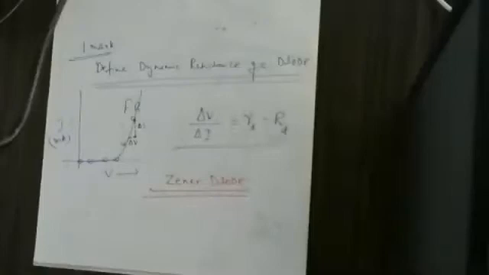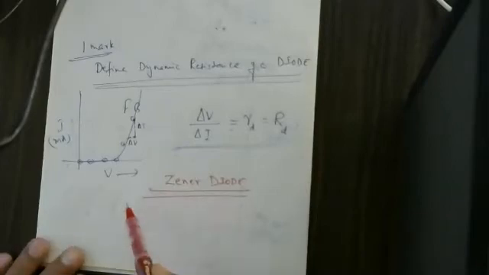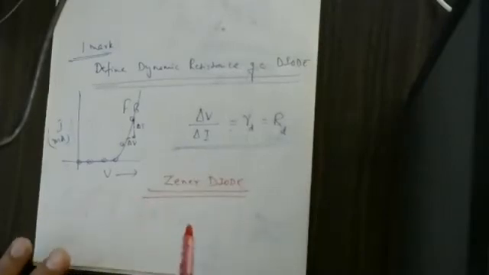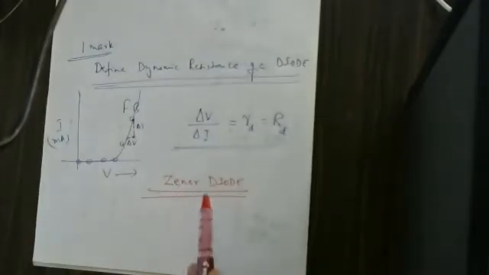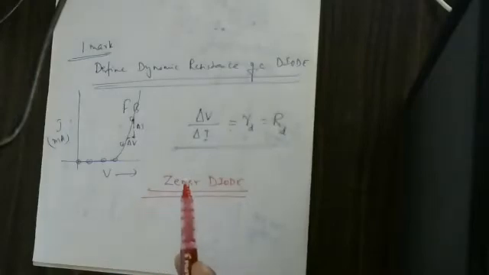Zener diode means the diode in which we dope, doping means addition of impurity. The addition of impurity is more here. The percentage of impurity atoms is more, hence conduction is also more. Free electrons are more.